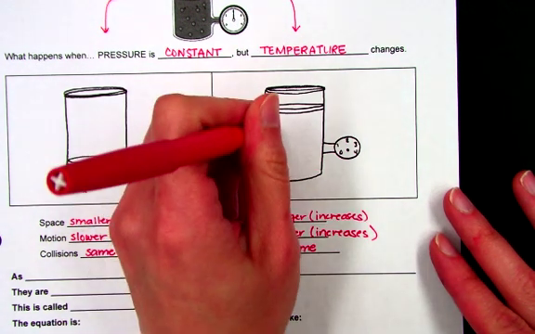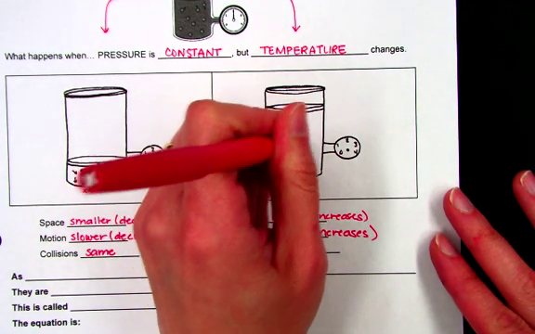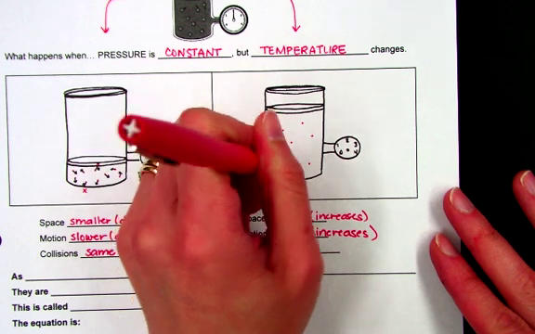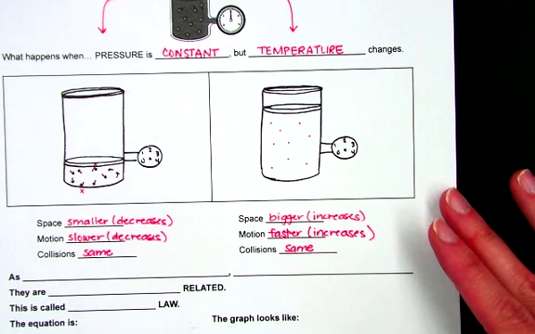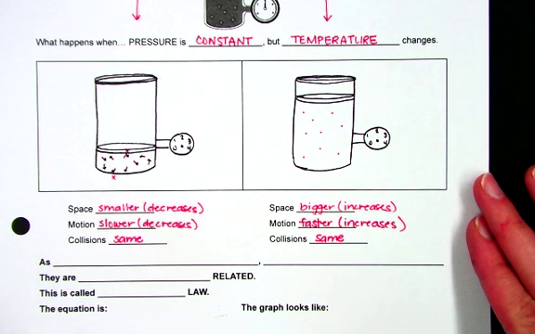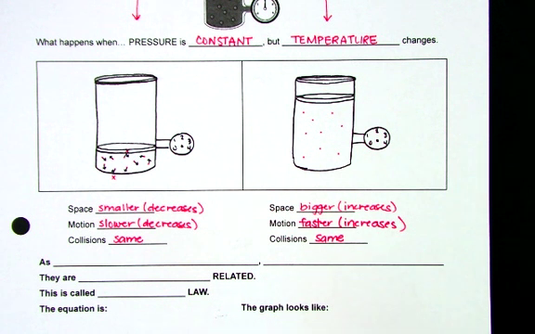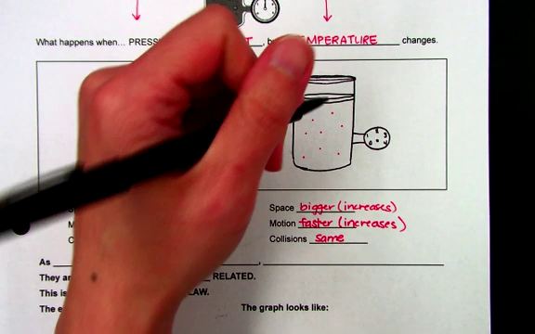I still draw 9 particles, right? Still 9 particles. What's happening with my arrows? It's going to show that there are longer arrows because why? They're moving faster because my temperature has increased, right?